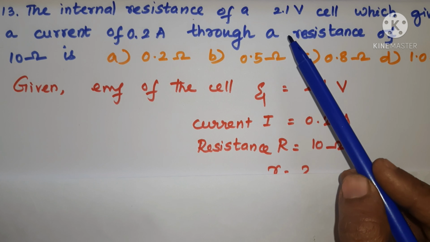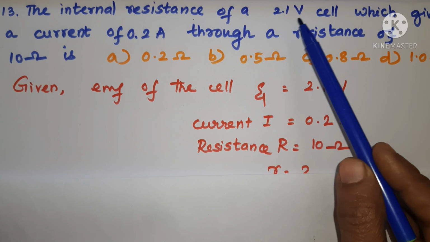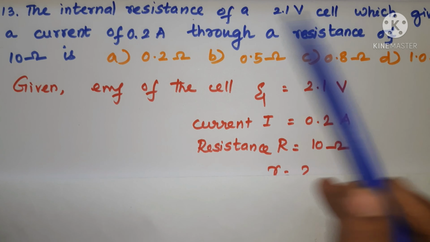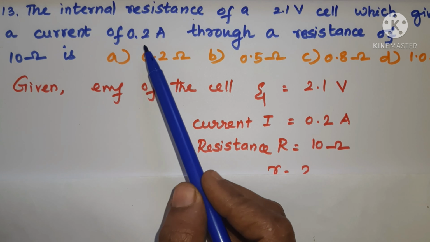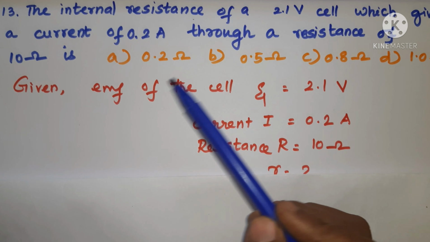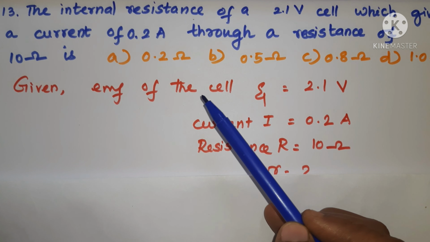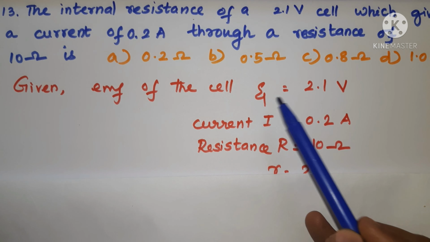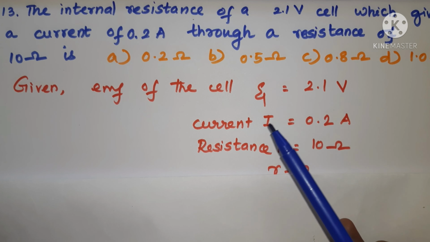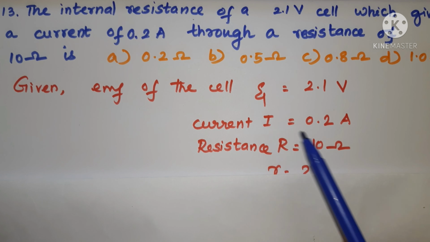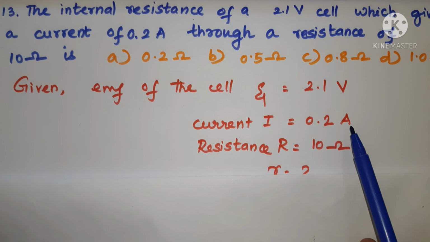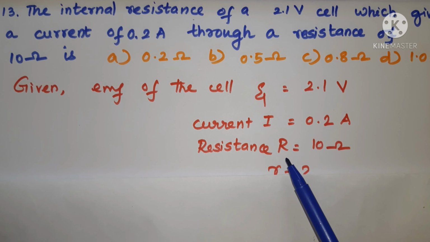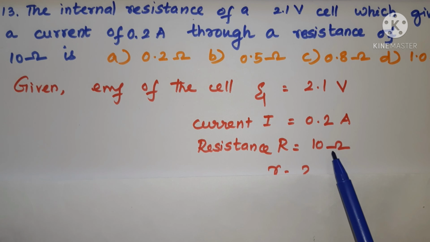The internal resistance of a 2.1 volt cell that gives a current of 0.2 ampere through a resistance of 10 ohm is dash. Given the EMF of the cell is 2.1 volt, current I is equal to 0.2 ampere and the resistance R is equal to 10 ohms.